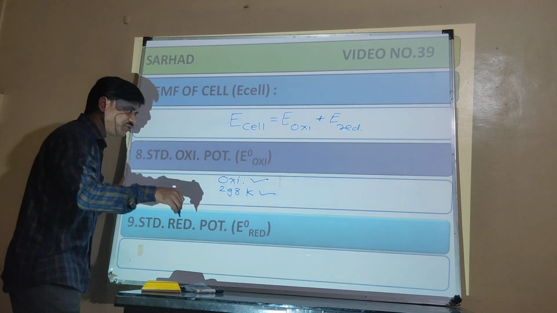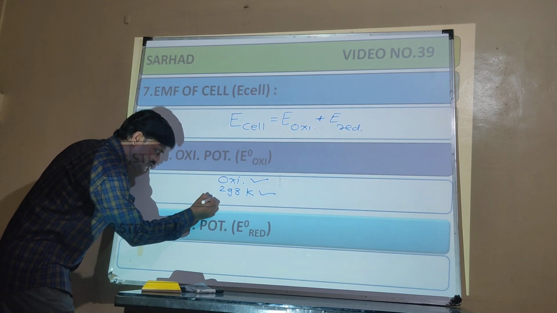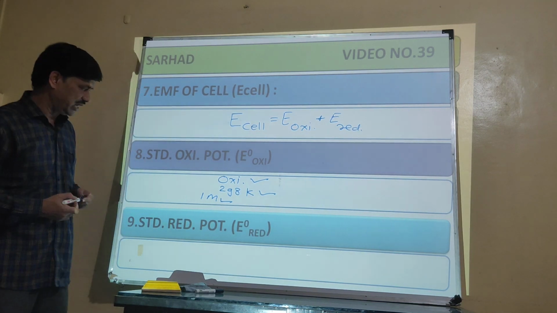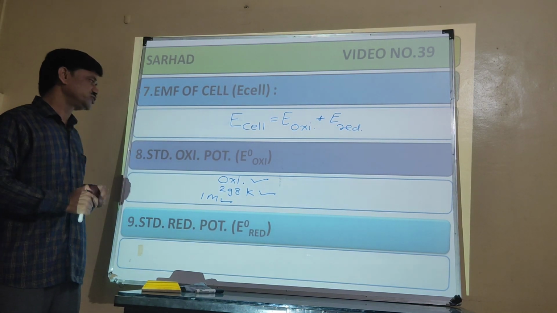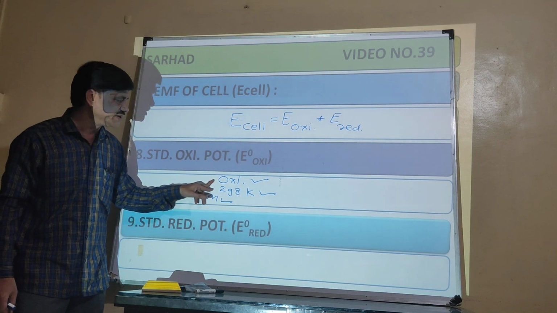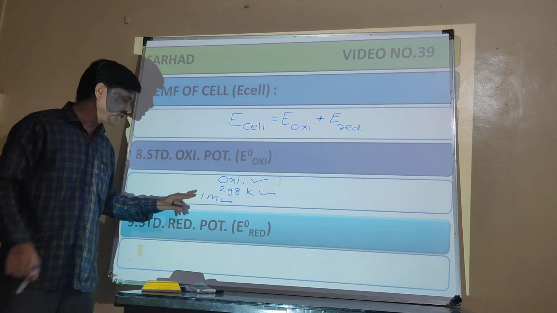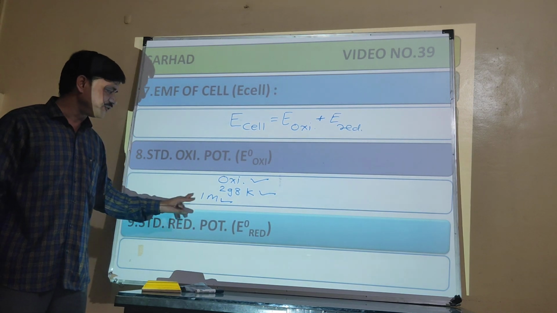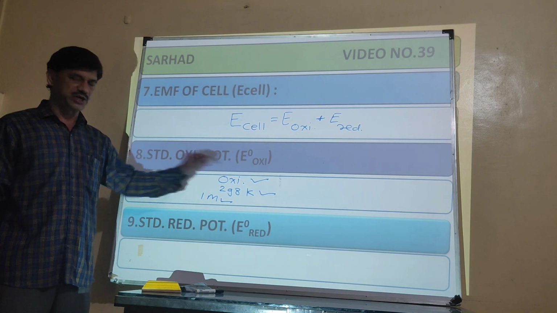And the solution in which the electrode is dipped should have unit concentration, that is 1 molar. So construct the wording: potential developed across an electrode due to oxidation reaction at 298 Kelvin when it is dipped in a solution having molarity 1 or unit concentration becomes the standard oxidation potential.